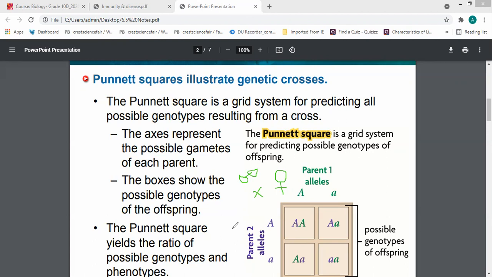Any trait, like skin color: so capital S. The other one is homozygous but recessive, small s, small s. These are the gametes. Parent P, second G, last one offspring, first offspring.